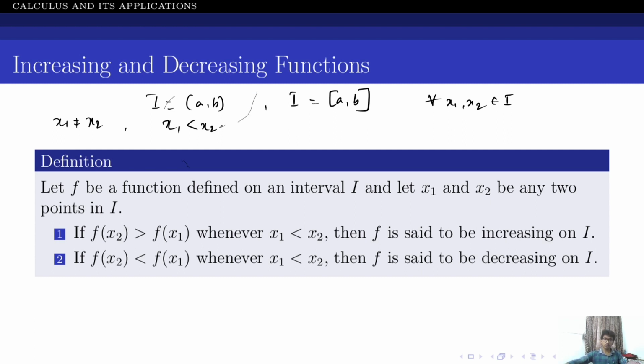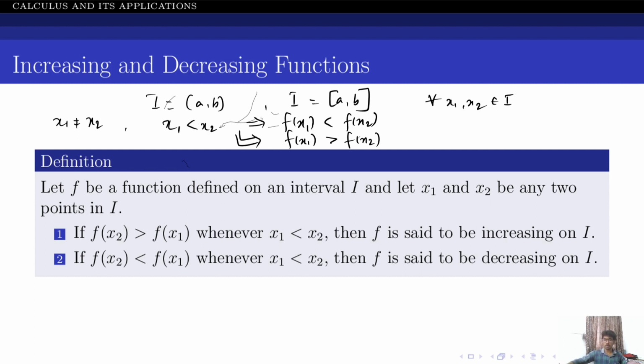If you have x1 less than x2, for all such values, and this implies the same inequality in the function also, f of x1 less than f of x2, then this function is said to be an increasing function. Suppose this implies the other way, f of x1 bigger than f of x2, it is a decreasing function.